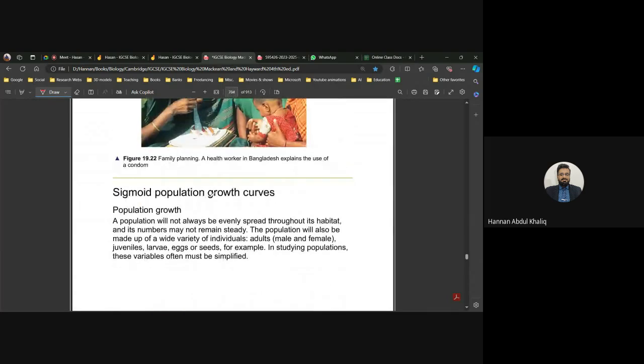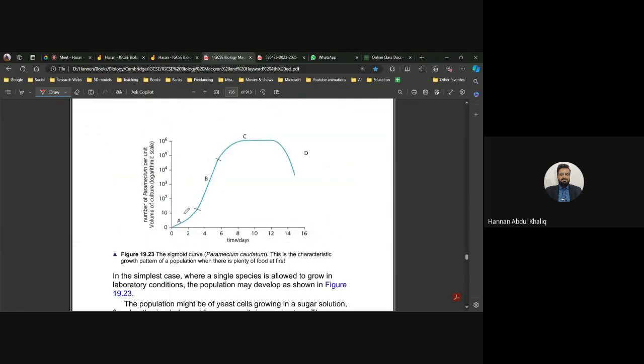So we are moving to the sigmoid population curve, population growth. Now, what is this curve? Basically, it's a curve that is made for a population living with limited facilities, limited supplies, in a closed system, where nothing is moving out or entering the population.